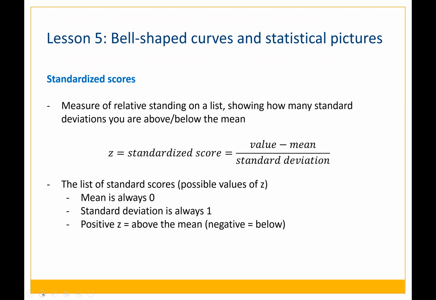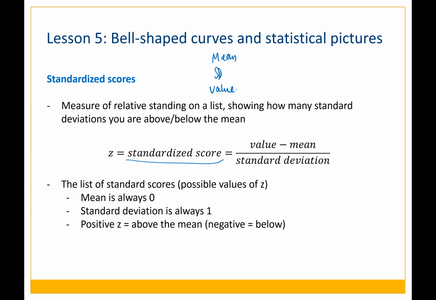They give you the mean and standard deviation, and the value we're talking about. The standardized score gives you a bigger picture of how far that value is from the mean, based on the standard deviation. To find it, it's that value minus the mean, divided by the standard deviation.